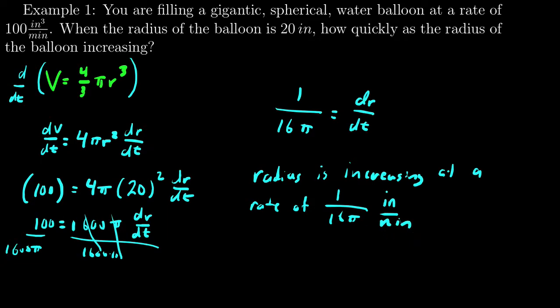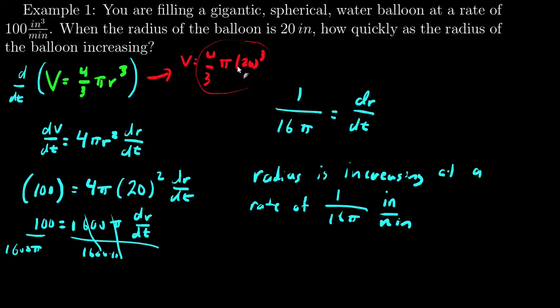Before I go on to the second example, a quick explanation as to why I can't put in V or R here. If I put in the value for R here, put 20 in here, I'd have V equals 4/3 pi times 20 cubed. And this is going to be a constant.